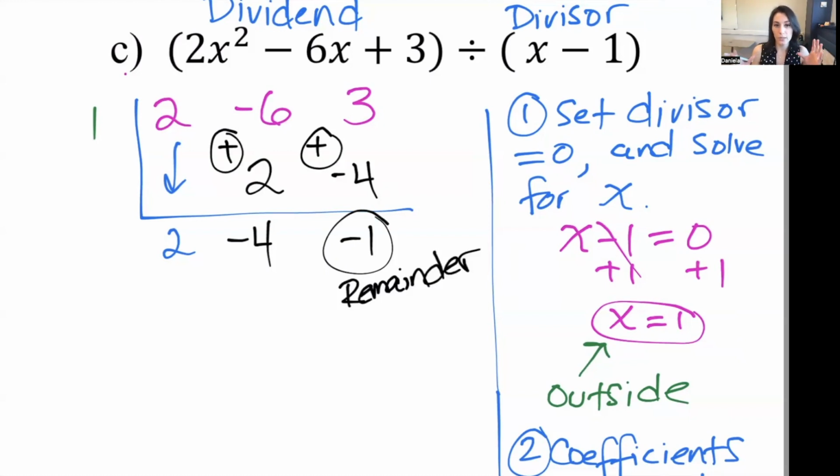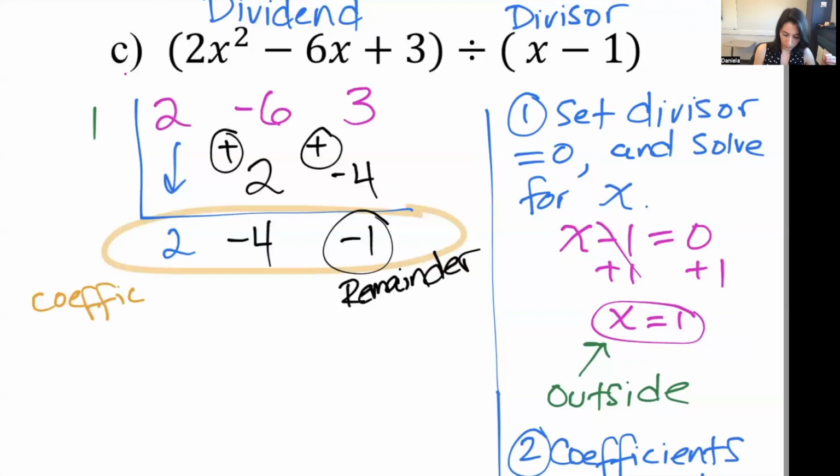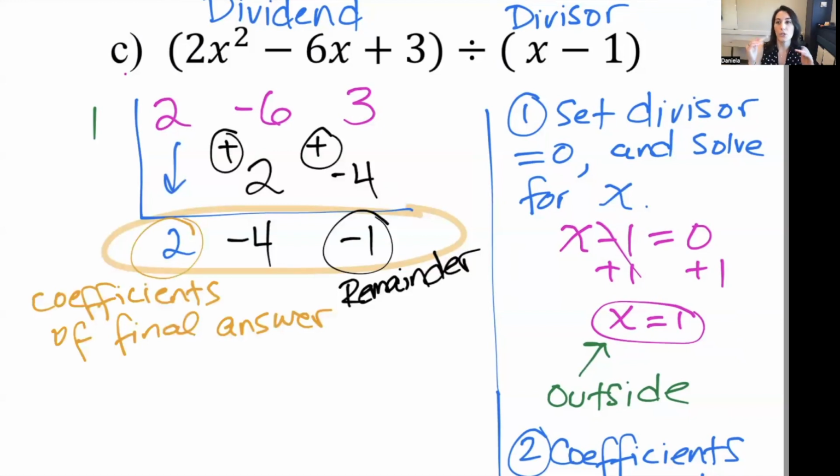Now once you are done, the question is, how do we actually read these numbers on the bottom? There's a very specific way. These are going to be the coefficients of the final answer. Here's the catch though: the exponent is 1 less than the degree of the dividend.